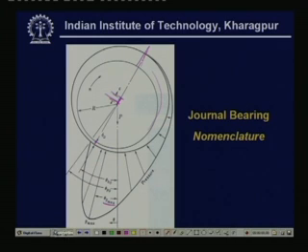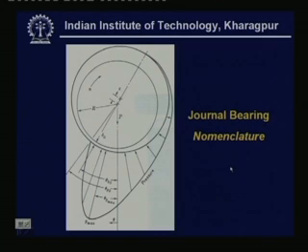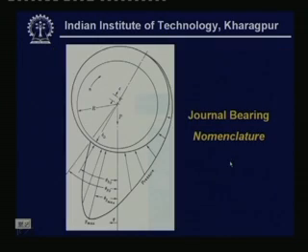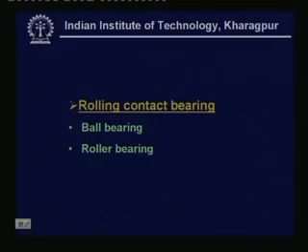So, you can see there is a one-to-one correspondence between this figure and the parameters. Utilizing those parameters, one can have all those design ideas. So, this gives you some ideas of the design of the journal bearing.